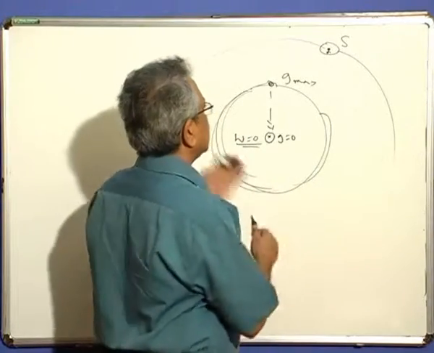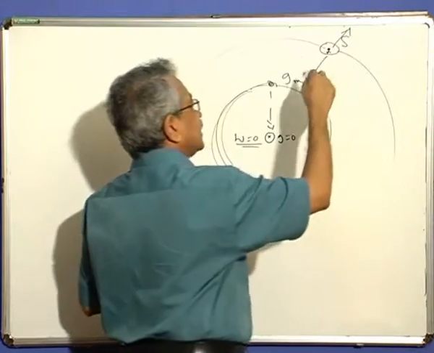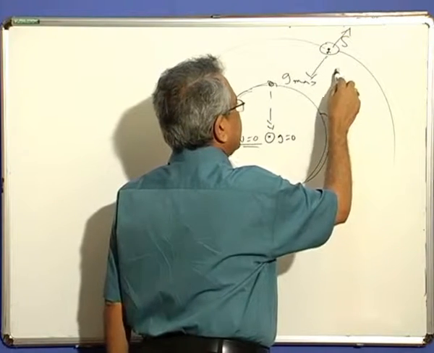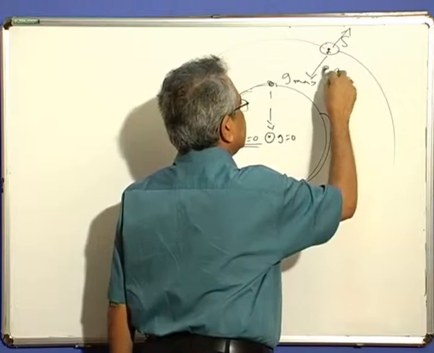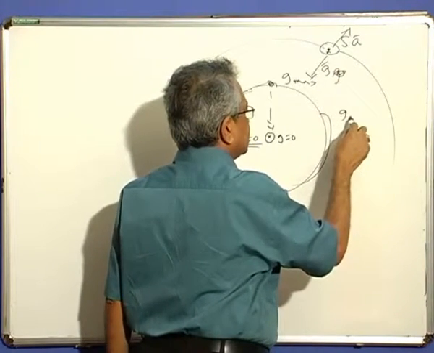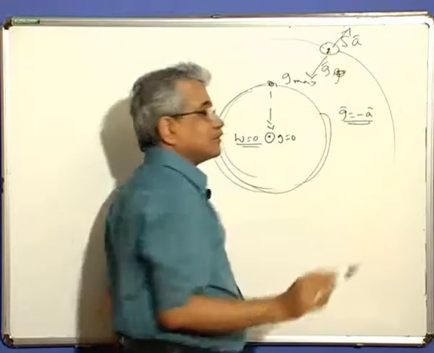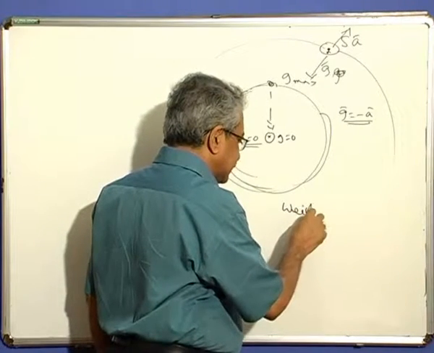There is g acting towards the center of the earth, and there is some centrifugal acceleration working there, compensating for that. So effectively g is equal to minus a there, that's all. Effectively it is 0, so you find a feeling of weightlessness there.